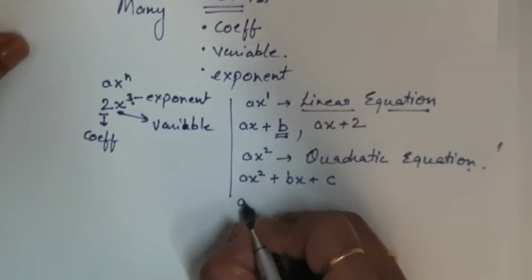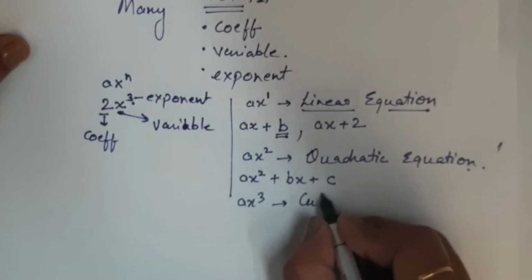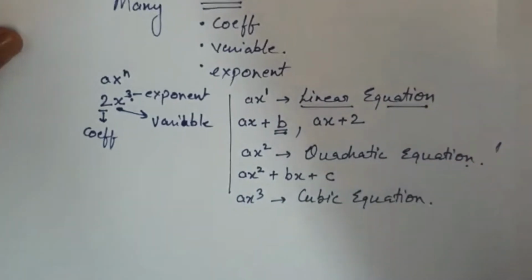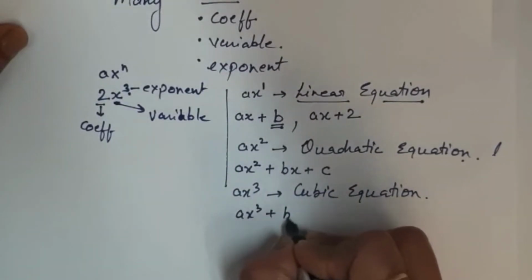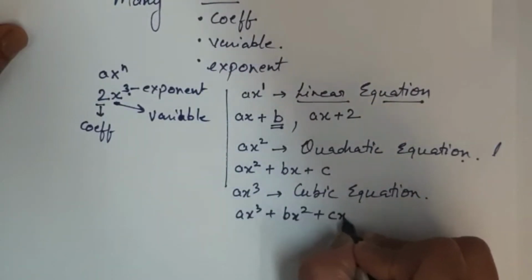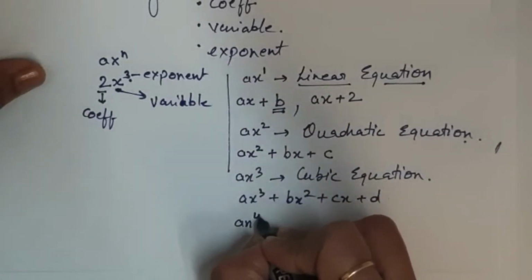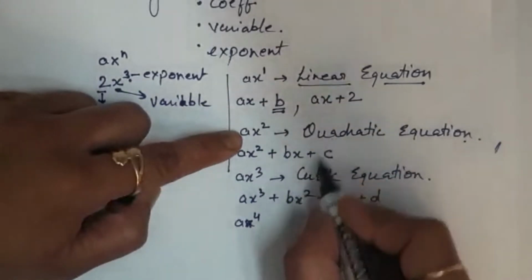Okay, now comes ax cube. I know it's a cube, so it comes out to be a cubic equation. As simple as that. The equation form here is ax cube plus bx square plus cx plus d. Now next, ax to the power 4. 4 is what? The double of quadratic.